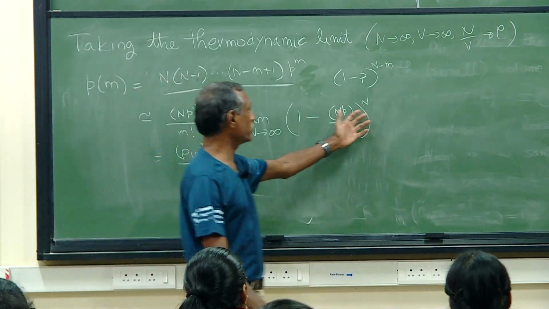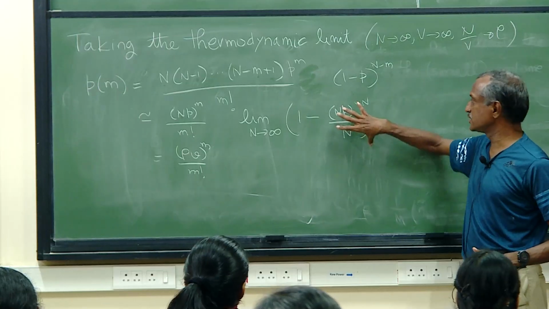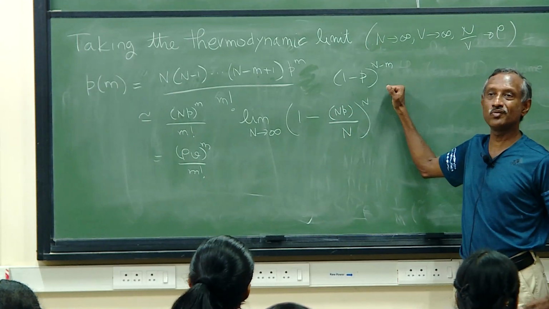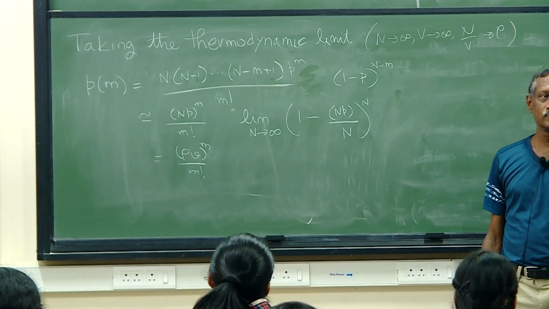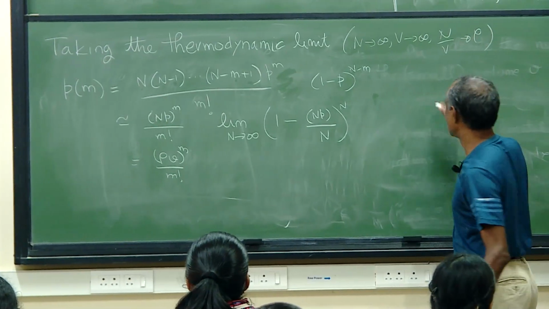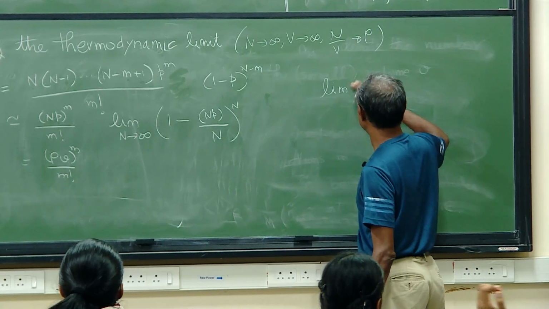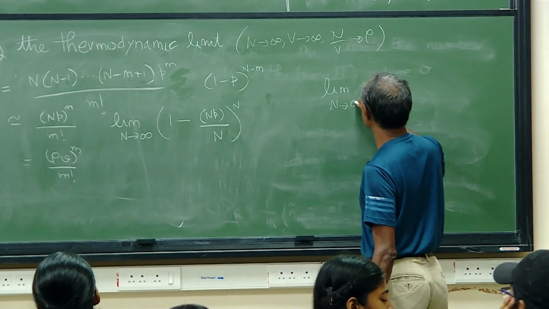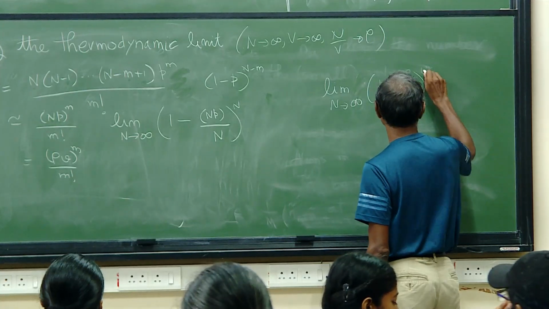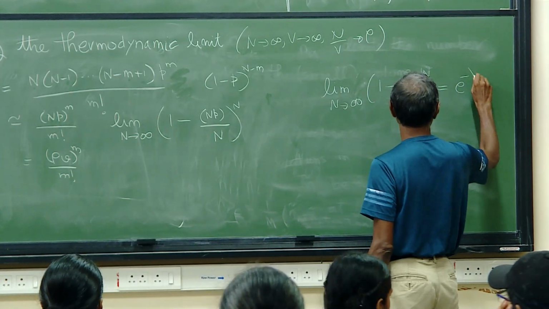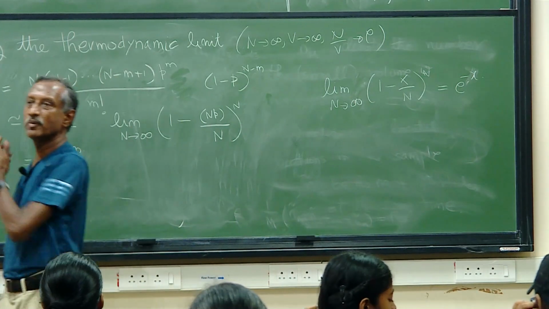Question here is, what is this? So this is a finite number, this is going to 0, but there are infinite number of terms. Does anybody know what this limit is? If you don't know this, I'll just take the formula. It's equal to e power minus x.